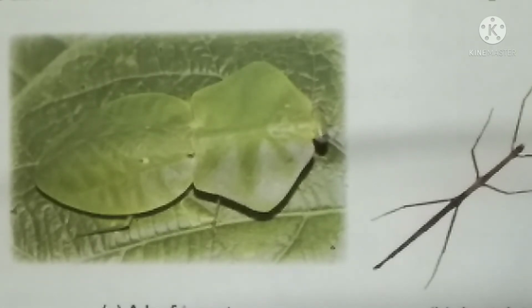Because of this, there are drip tips. Drip tips are thin tips which allow the water to fall down easily. They help reduce water accumulation on the plants and thus prevent the leaves from rotting.